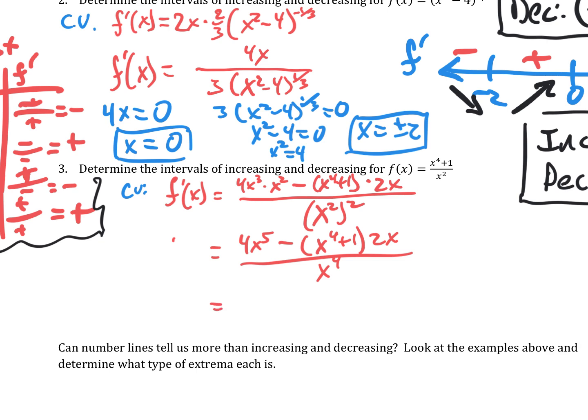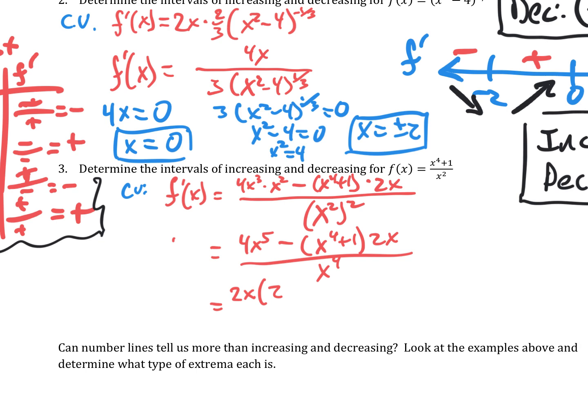Okay, so we want to factor on top here would be the best way to go. And what can we factor out of both of these here? So we got two terms right now. We have 4x to the 5th, and we have 2x times the parentheses there. What do they have in common? They have in common 2x. So we factor out 2x.